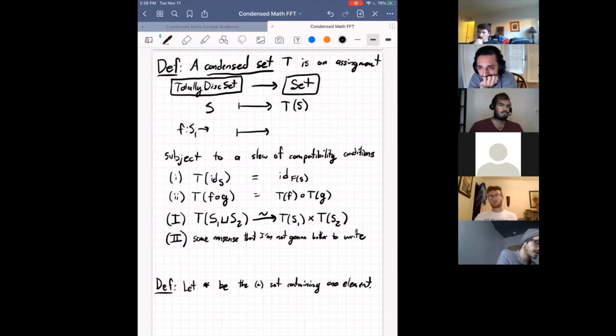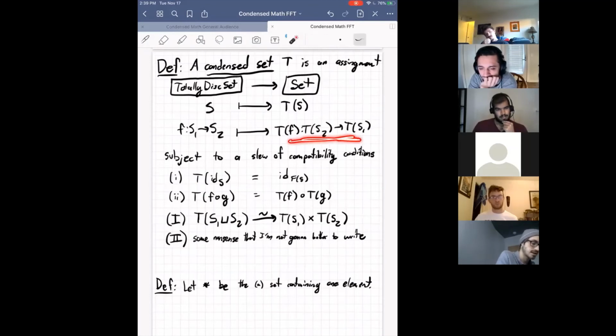But not only do I have a set for every totally disconnected set, I also have a map for every map of totally disconnected sets. So T of f goes from T of S2 to T of S1, and just like my Hom earlier, the direction of the arrows is going to flip. Then I'm subject to a bunch of compatibility conditions.